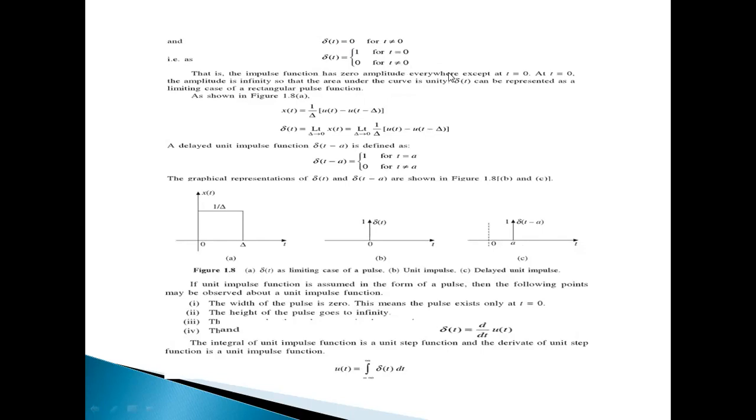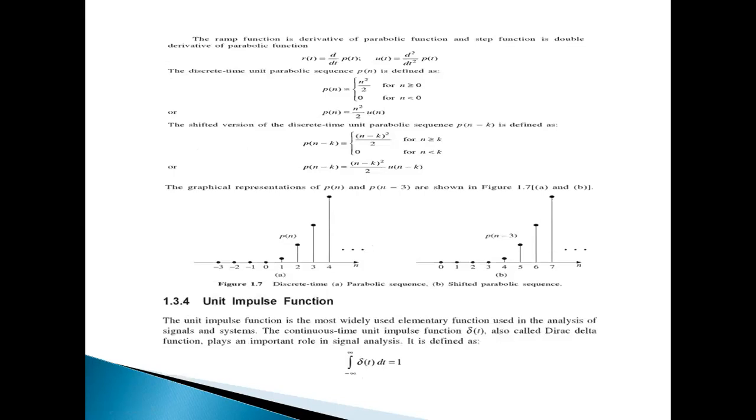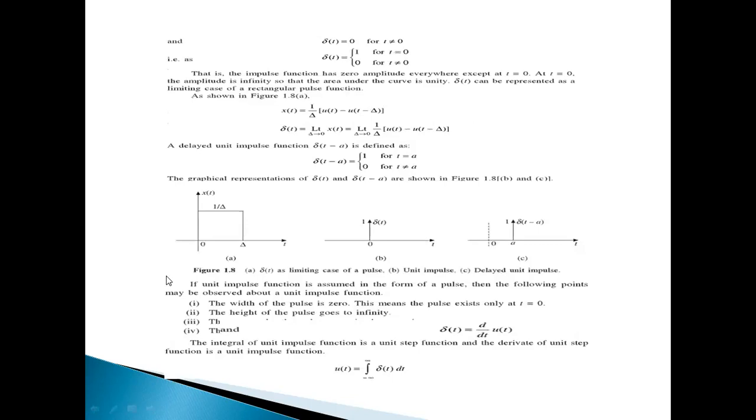You can also write it as the integral from minus infinity to infinity of delta of t dt is equal to 1. At t is equal to 0 the value is 1, and for the remaining t not equal to 0, the value is 0.